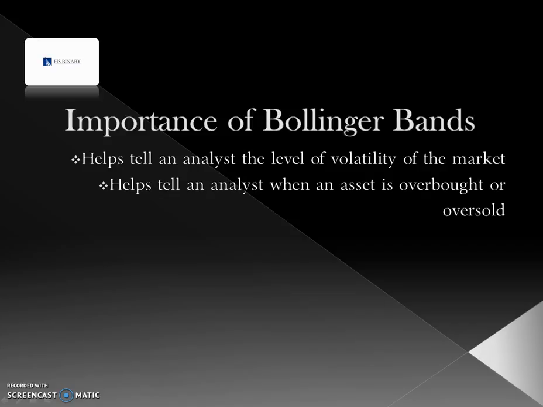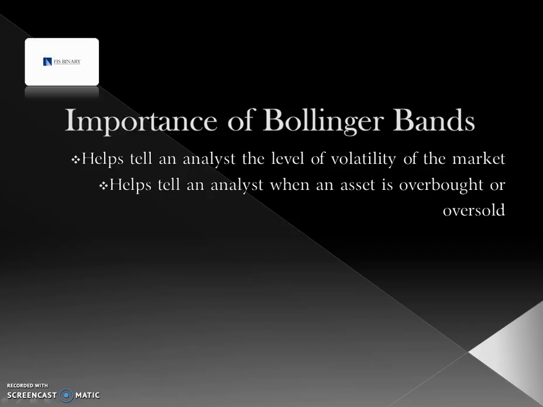Because the price was high, there was so much supply of that asset, and now supply has outstripped demand, and therefore the price of the asset is going to fall. So when the asset is being overbought, it indicates that the price of the asset is going to fall. And Bollinger Bands do very well in telling us whether an asset has been overbought.